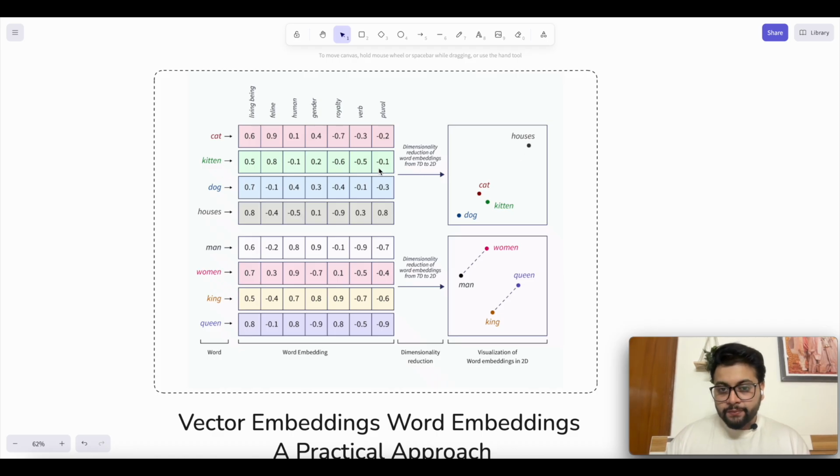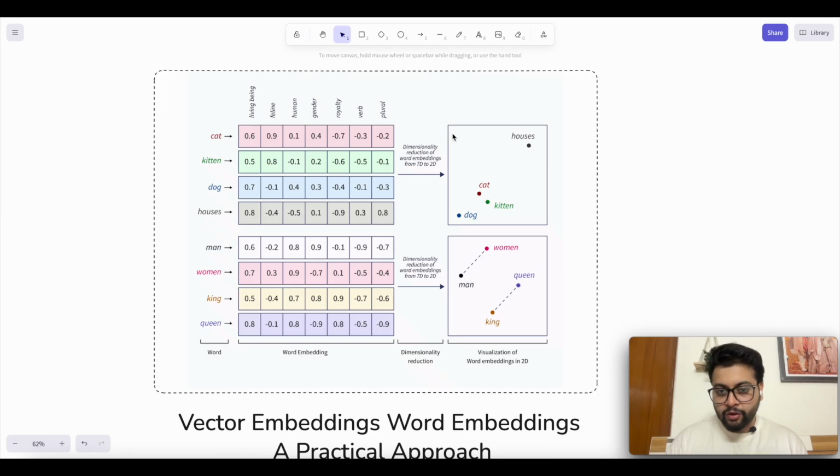This is a 7-dimensional vector embedding, and you obviously know that there is no way to visualize more than 3 dimensions. To make things easier, we perform dimensionality reduction. If we want to visualize a 7-dimensional embedding, we try to reduce it to a 2-dimensional embedding, keeping the information without losing it, and then visualize it in a 2-dimensional space.